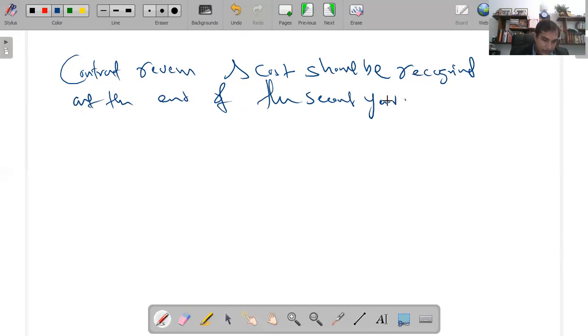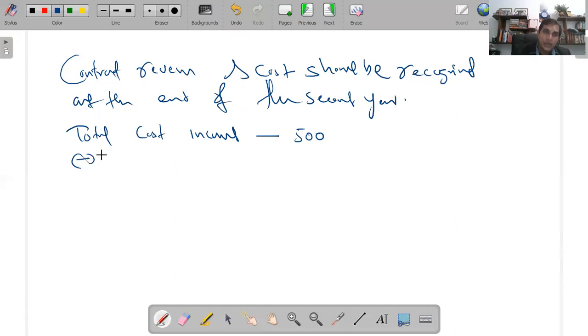Now the total estimation has been changed to 700. At this date, what is the total cost that they have incurred? Total cost incurred cumulatively is 500.